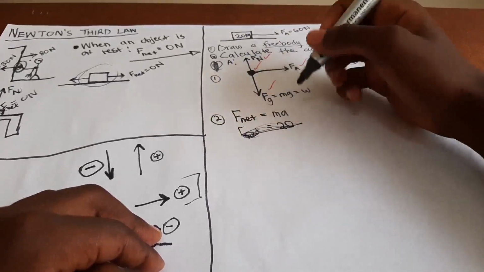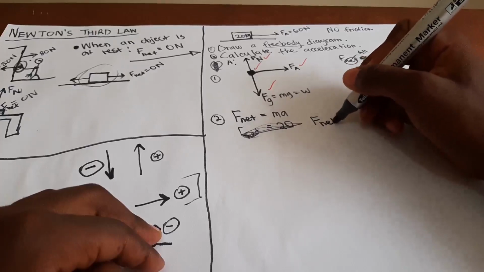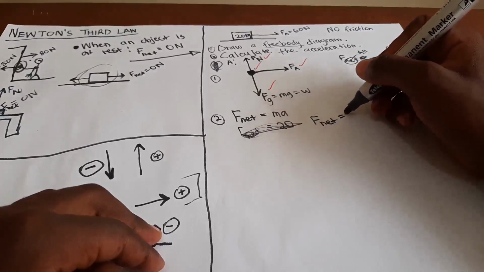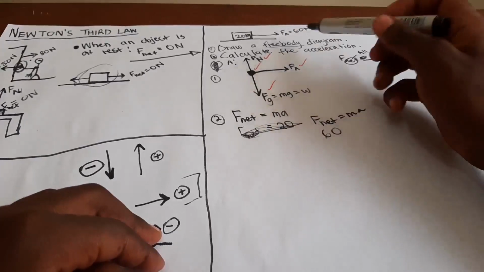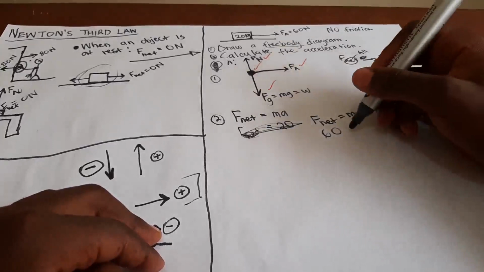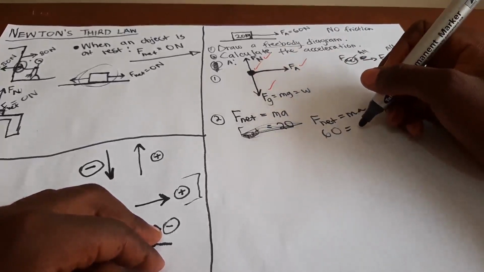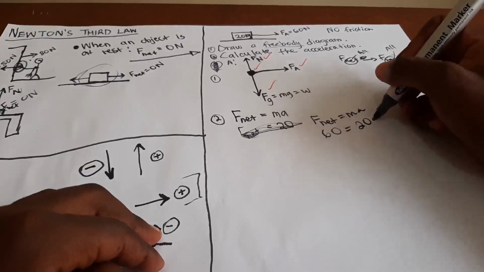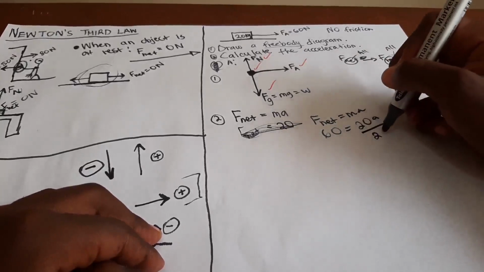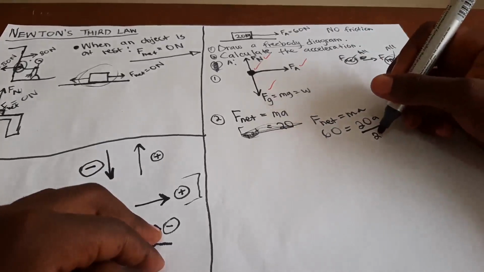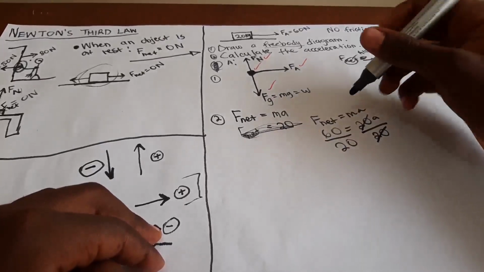So we have 60 newtons, all the forces acting on that object, equal to the mass of this object, 20 kg, multiplied by a. Let's divide by 20 on both sides so that you can get the acceleration. This 20 cancels this 20, we are left with acceleration.